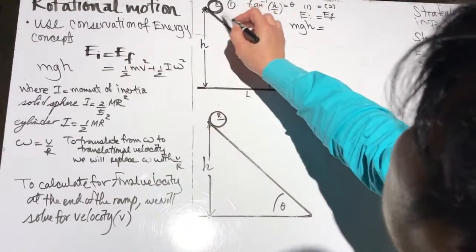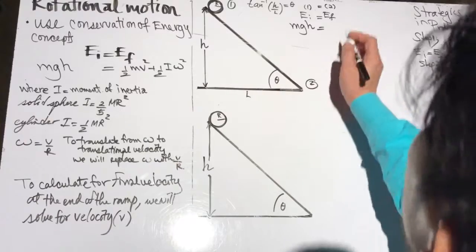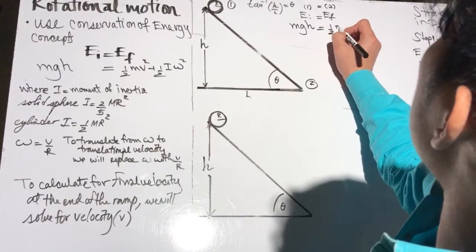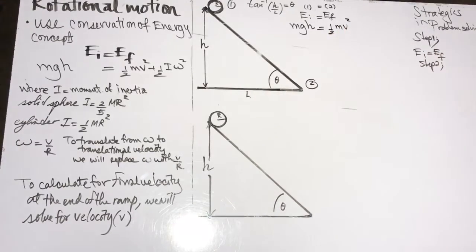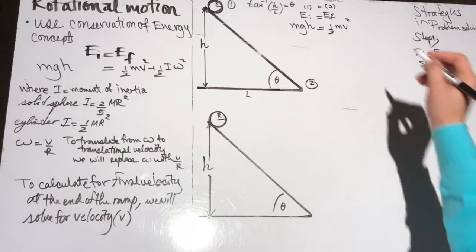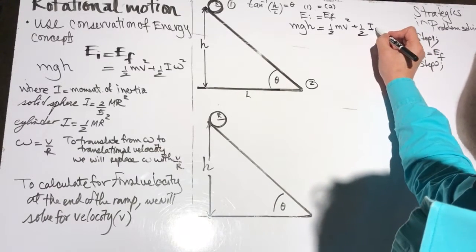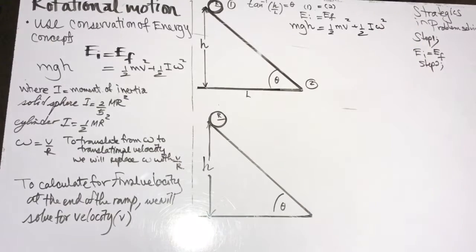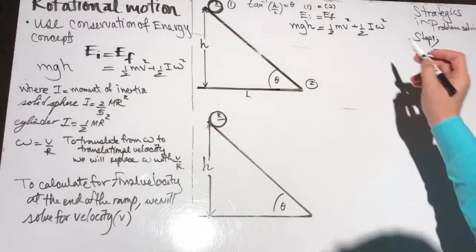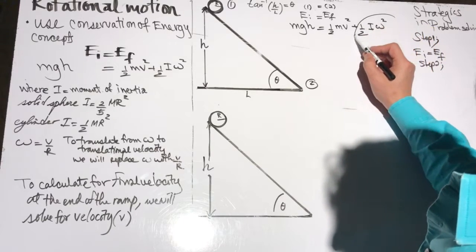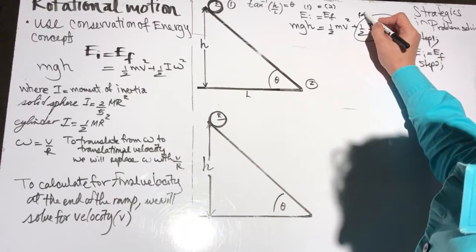This one, the object starts rolling down, so you will have the translational 1/2 mv squared because that's the translational motion. And you also have the inertia and angular velocity squared. That is rotational. So I'm just going to go ahead and say this is rotational.